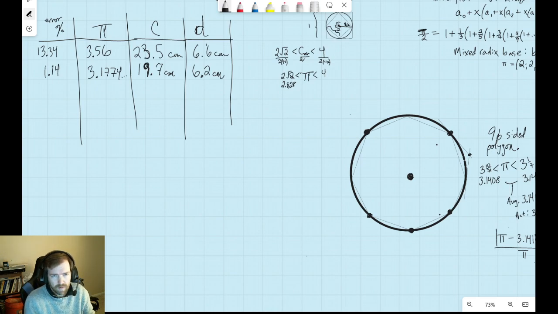I mean, I don't know if I can say it's actually that accurate, but if we're going to round to maybe half millimeters or something like that, we might be able to pull that off.